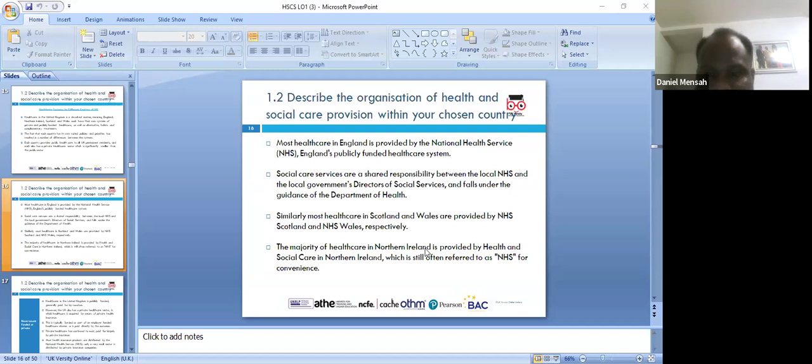Okay. And so we could also say most healthcare in England is provided by the NHS England publicly funded healthcare system, which I've already explained. Social care services are a shared responsibility between the local NHS and local government.